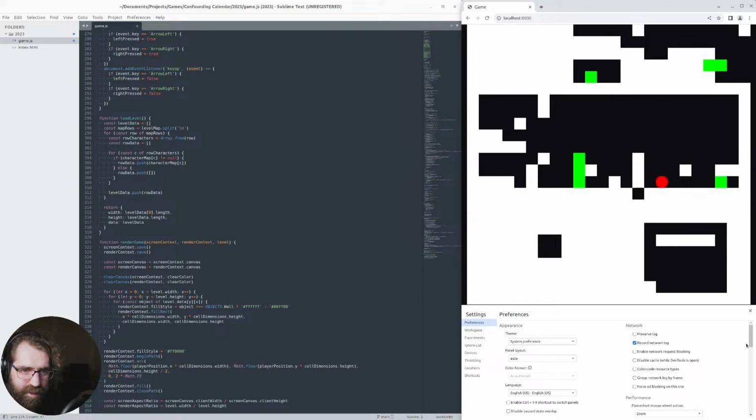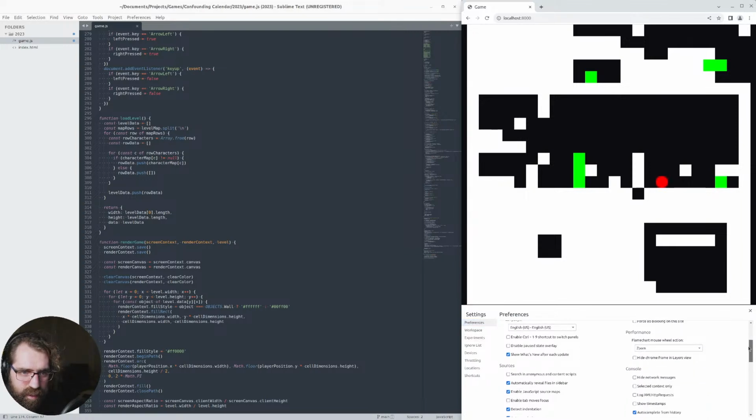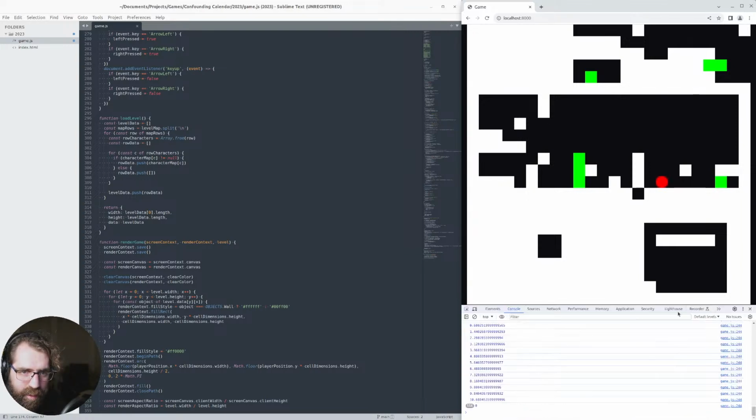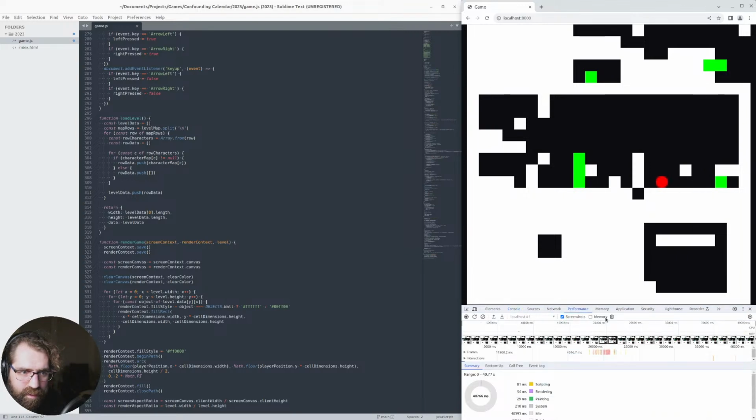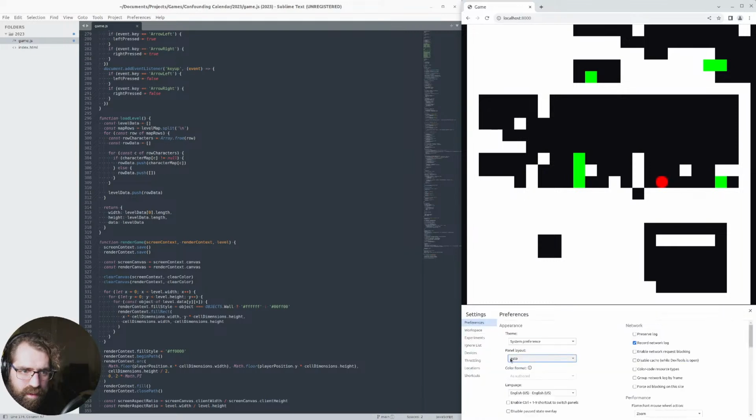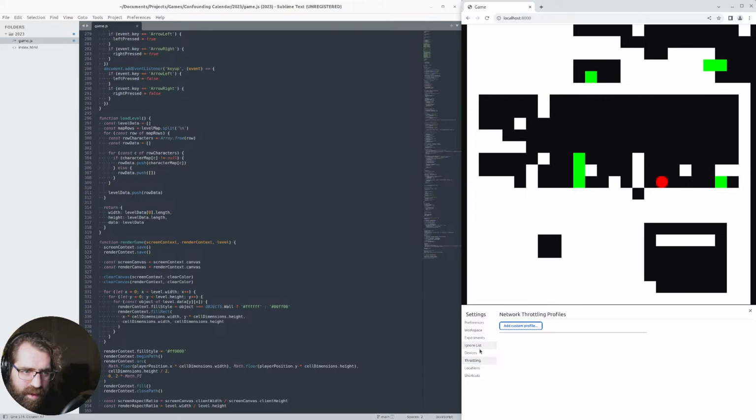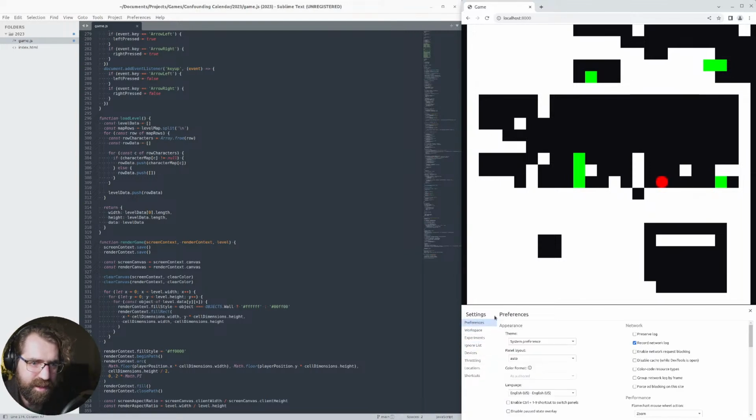Does Chrome DevTools have that? Or maybe in the performance tab. No. That'll be like network throttling, right? Yeah. Devices.